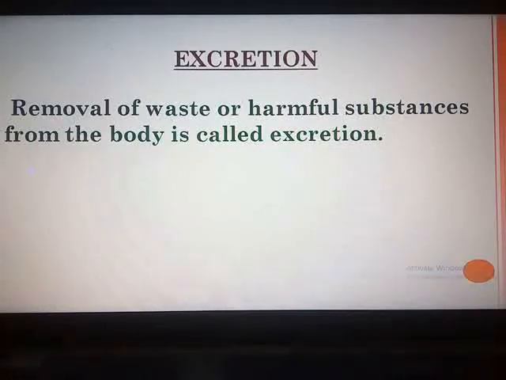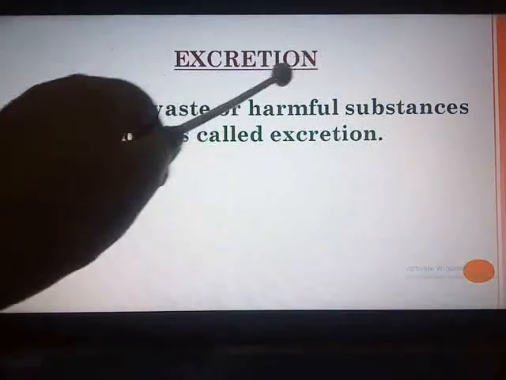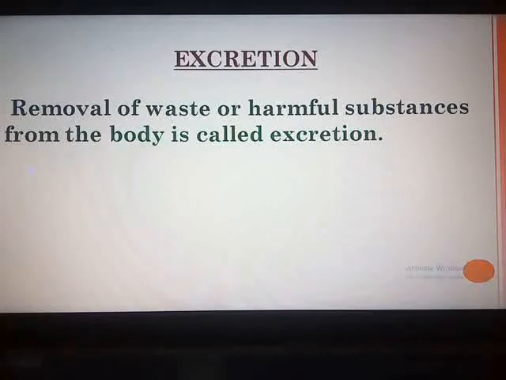And hence it becomes necessary for the body to remove such harmful and waste materials, to throw them outside the body. Different organisms have different methods of doing this, and this entire process is called excretion. In short, if you have to correlate this term with your day-to-day activities, the garbage which is accumulated in your house has to be thrown out of the house to avoid stinking and different types of diseases.